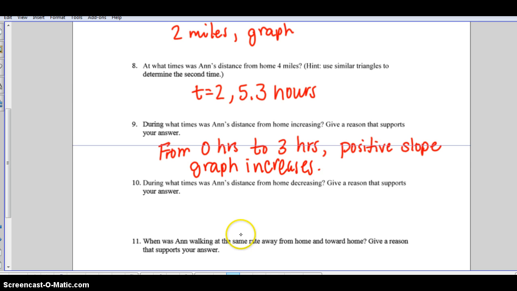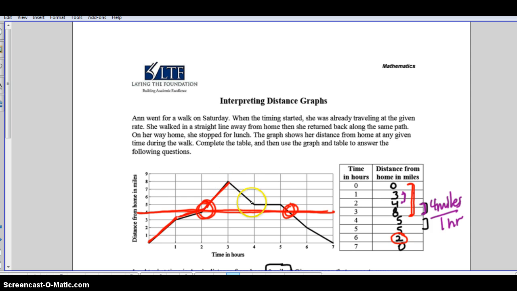So therefore, number 10 says, during what times was Anne's distance from home decreasing? Well, that would occur where all the slopes are negative. Now, technically, her distance is decreasing from 3 to 4, and then from 5 to 7. From 4 to 5, she's staying constant.